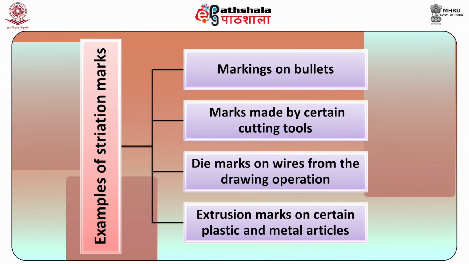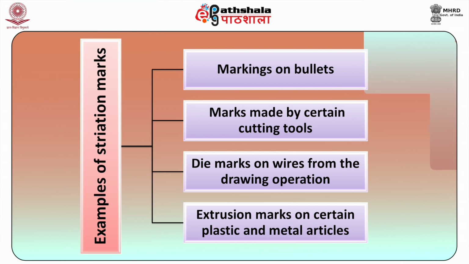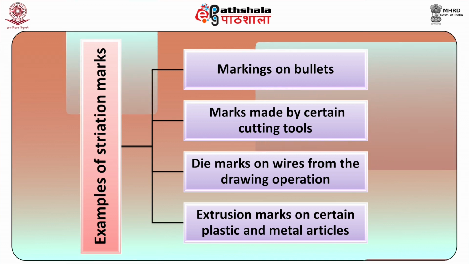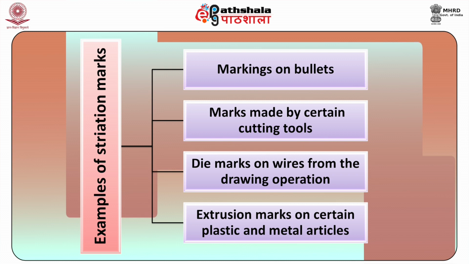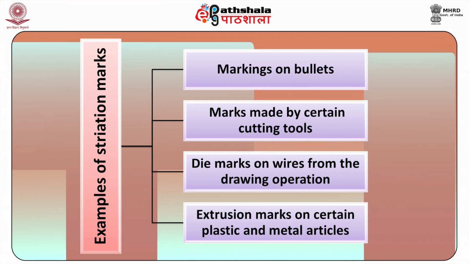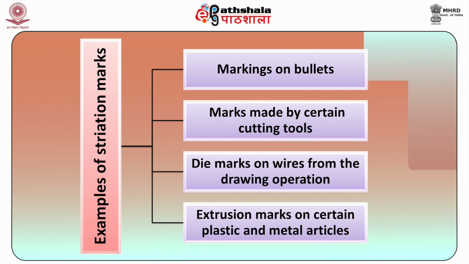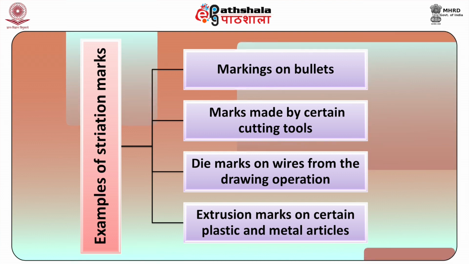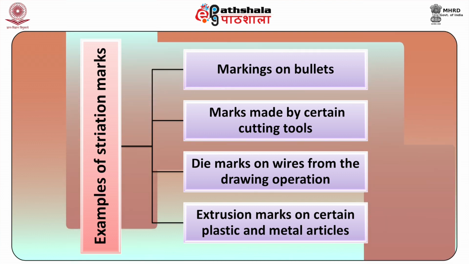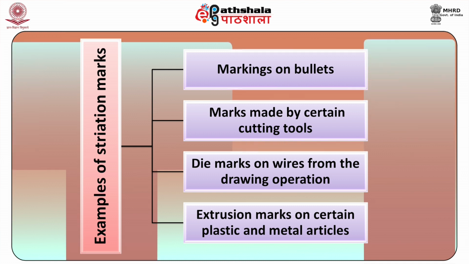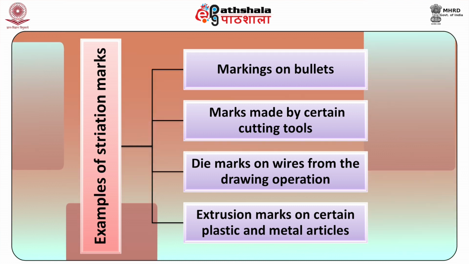Examples of striation mark evidence are markings on bullets, marks made by certain cutting tools like machine tools, wire cutters, thread cutters, bolt cutters, knives and axes, die marks on wires from the drawing operation, and extrusion marks on certain plastic and metal articles.